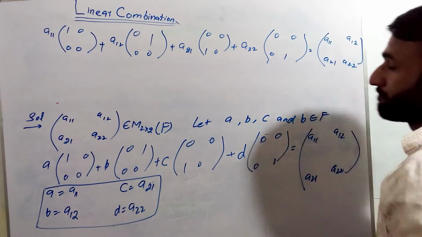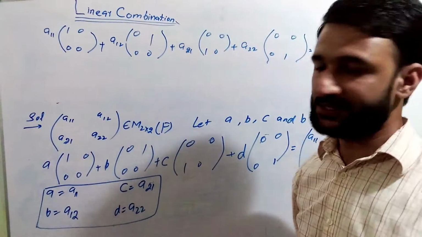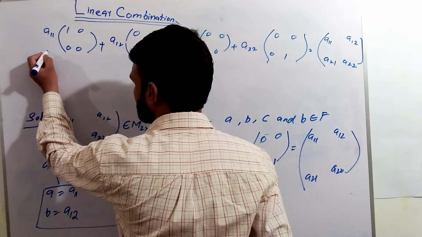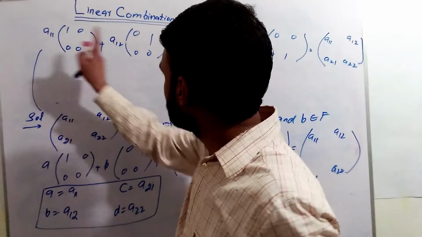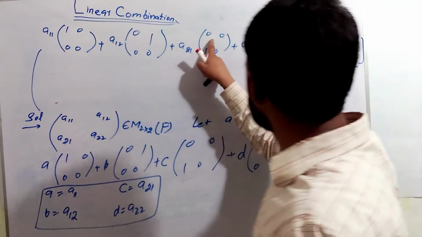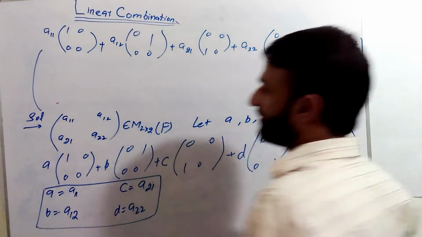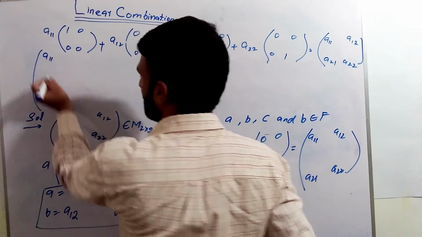Now multiply the left side. In matrix form, the first entry is A11 plus 0, plus A21 times 0, plus A22 times 0, so we have the entry A11.